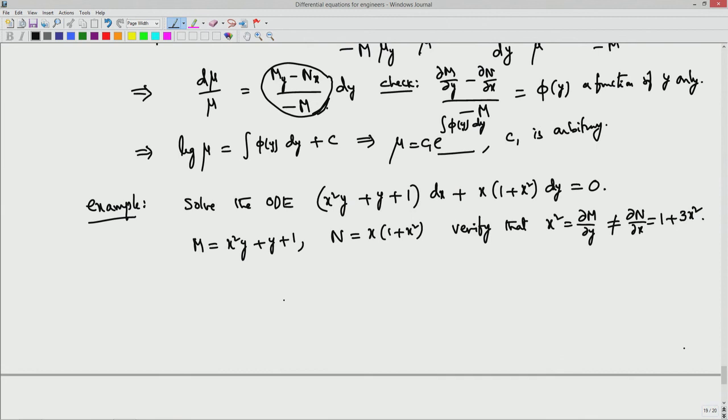So what we do, we know dou M by dou y, dou N by dou x. We calculate dou M by dou y minus dou N by dou x, divided by either M or N. If I divide by N, it should be a function of x alone. Let me verify this.